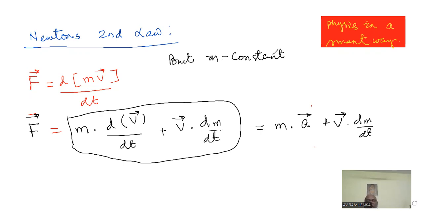Let us say we have a trolley with sand upon it. You apply a force and the trolley starts to move. When the trolley is moving, you may put in more sand, or some sand may slip out. Those are known as variable mass systems. Initially, we are not able to deal with them right now.